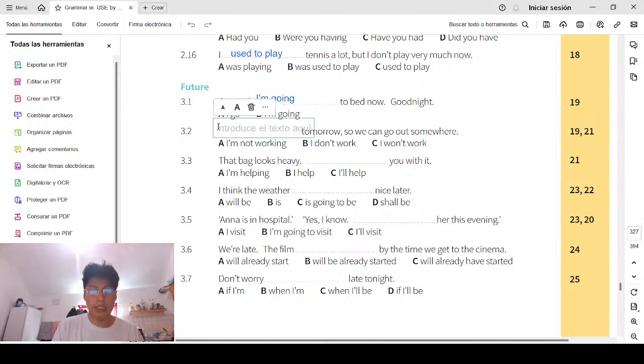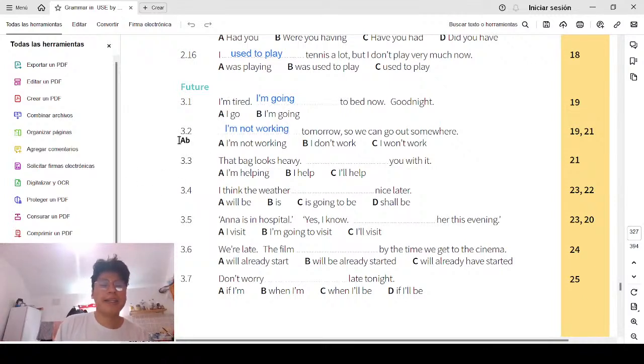Check it out. I'm not working tomorrow, so we can go out somewhere. It's the same example. We're using present continuous for a future arrangement. I hope you understand.